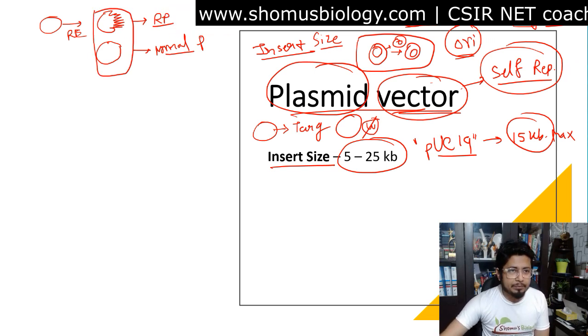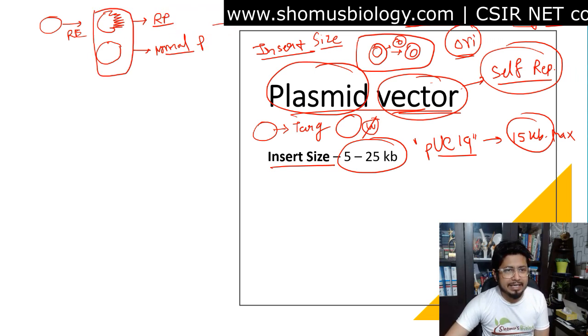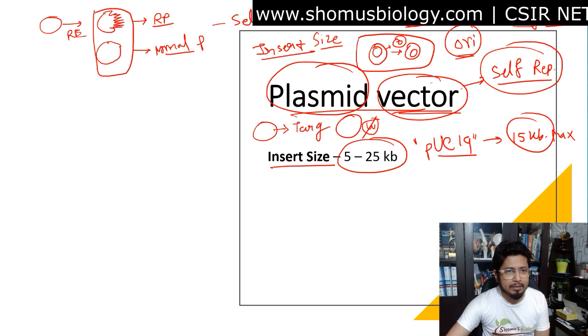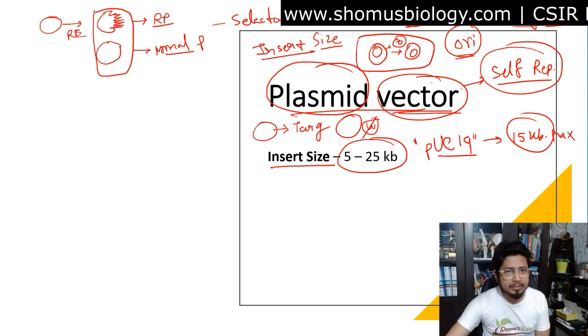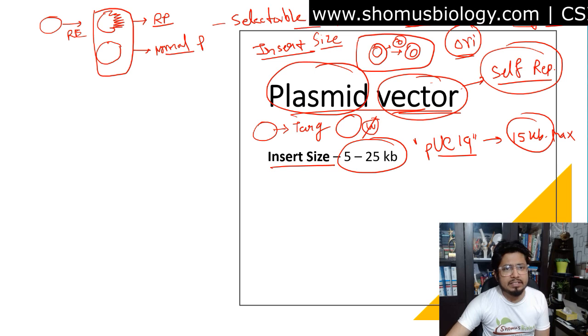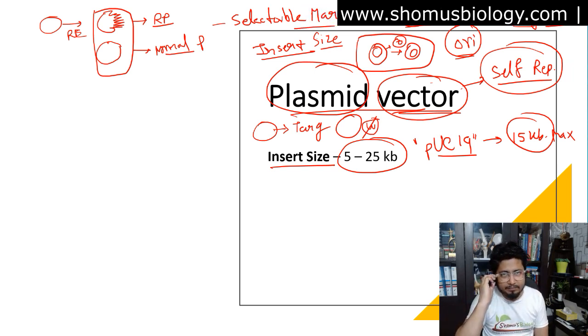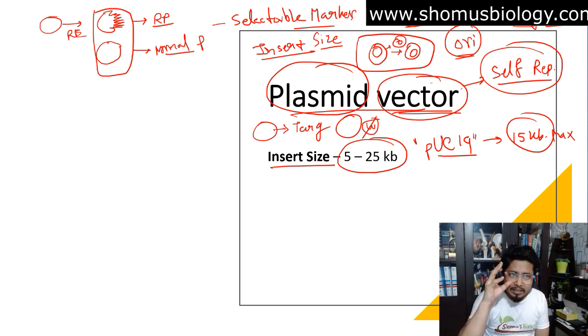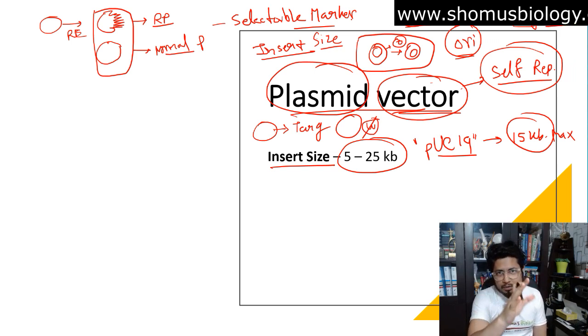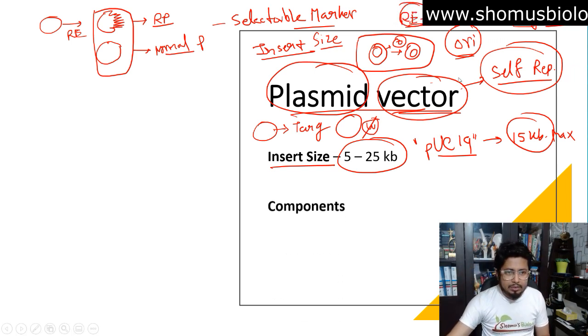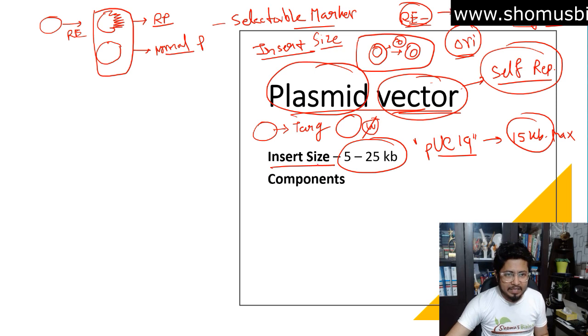To distinguish that, we need to have what is known as a selectable marker region. Okay, so the marker region of the gene is a place which helps us to selectively choose the recombinant plasmid from the non-recombinant plasmid. Okay, so what are the components of the plasmid vector here?